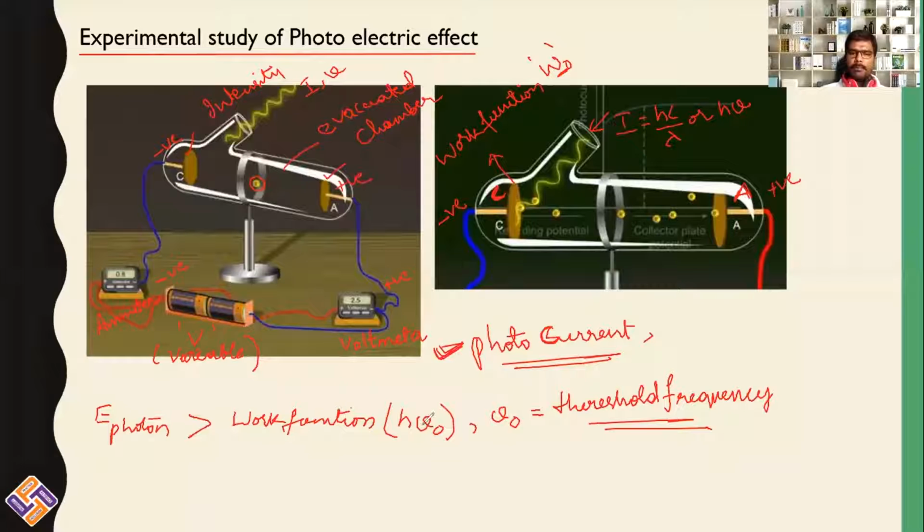Threshold frequency multiplied with constant h gives you the work function. And if the energy of the incident photon is greater than the work function, the electron is able to be ejected out. And this ejected electron will have some kinetic energy.